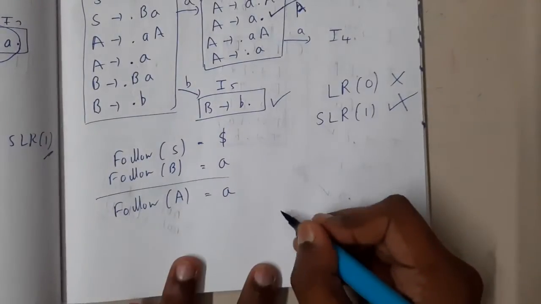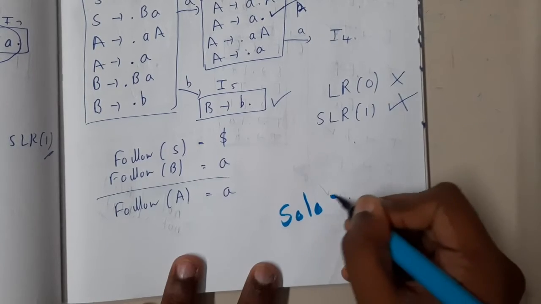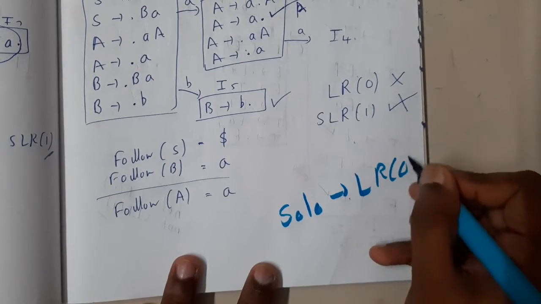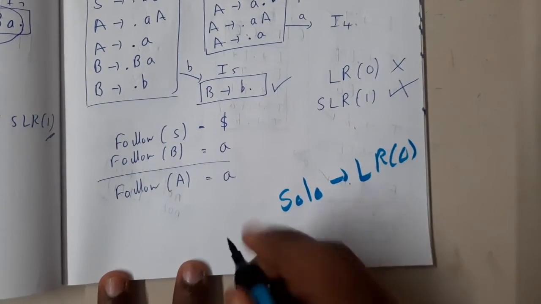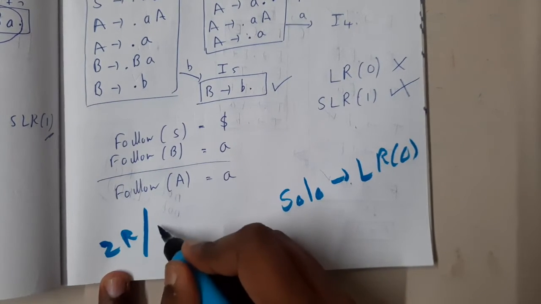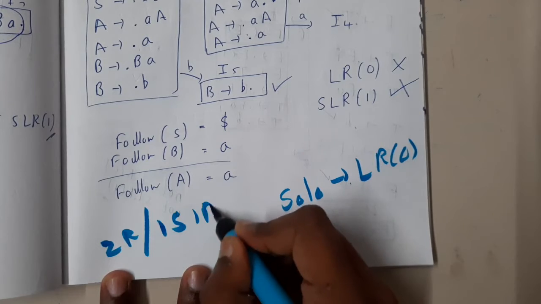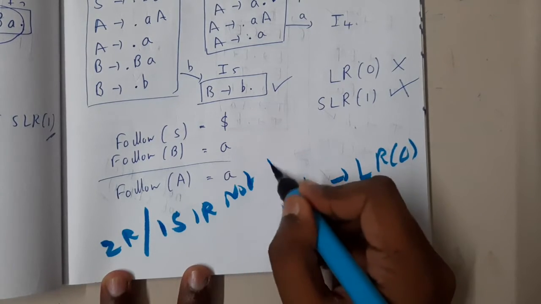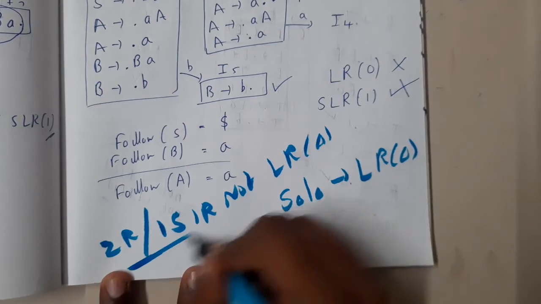And to be clear, just to remember these things, guys: if everything is a single entry, it is LR0. If at any spot you get two reductions, or one shift and one reduce, it is not LR0, guys. You can conclude these things.